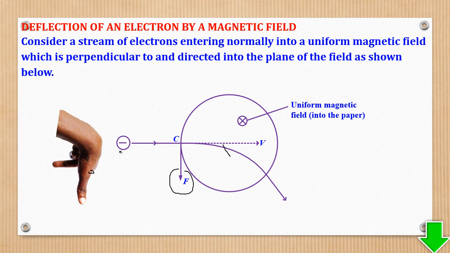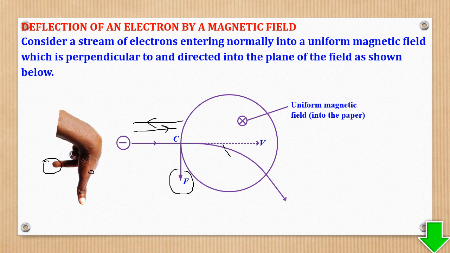Then the second finger is pointing in the direction of current. Because this is the direction of electron, current should be opposite. So the direction of an electron and the direction of the current are opposite each other. So electrons are moving to the right, current should move to the left. That's why you see the second finger pointing this direction.